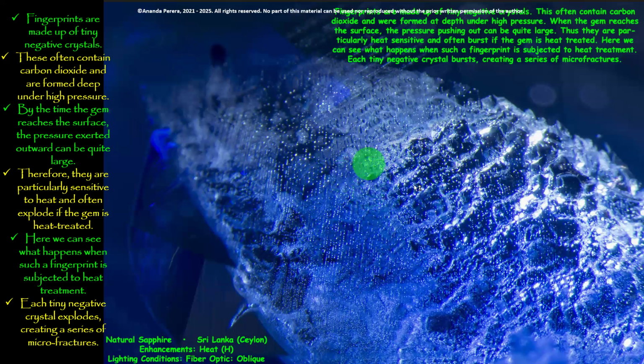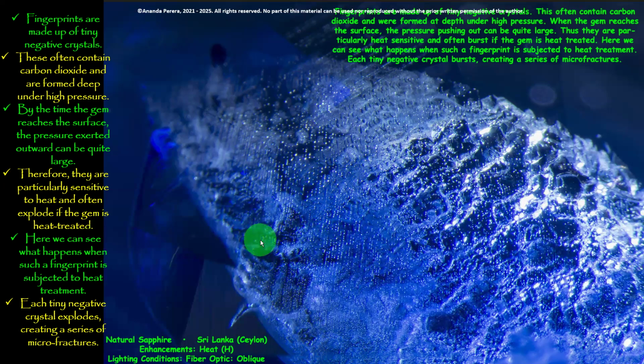By the time the gem reaches the surface, the pressure exerted outward can be quite large. Therefore, they are particularly sensitive to heat and often explode if the gem is heat treated. Especially where H2O is there, that H2O explodes and gives cracks to the gem. CO2 is not like that. So the CO2 bubbles are not harmful, but the H2O bubbles are completely harmful to the stone.